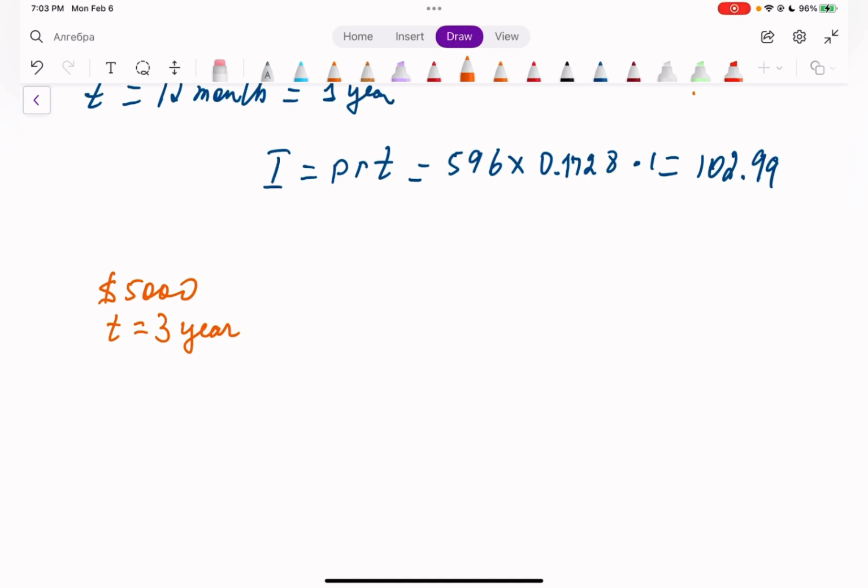Okay, at 4% compounded, so R, 4% compounded semi-annually, meaning twice a year, right? Twice a year, meaning this 4% is per 6 months, correct?